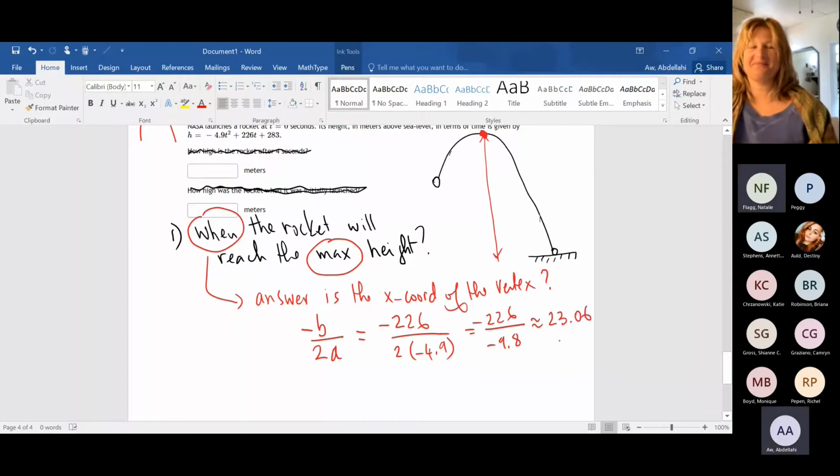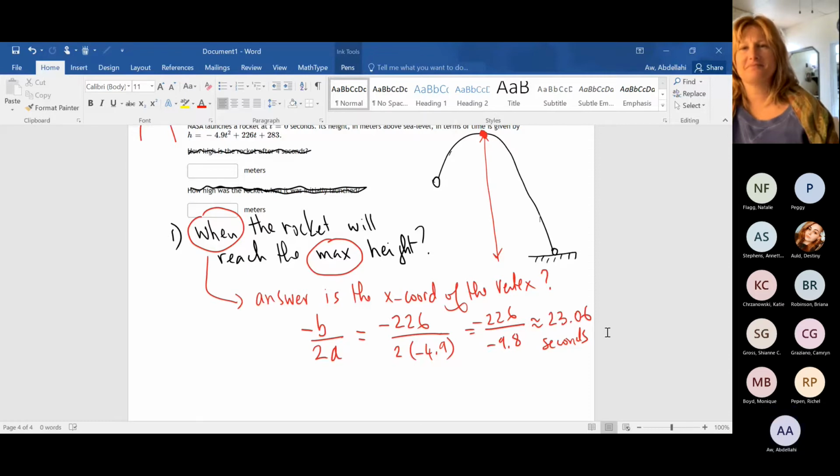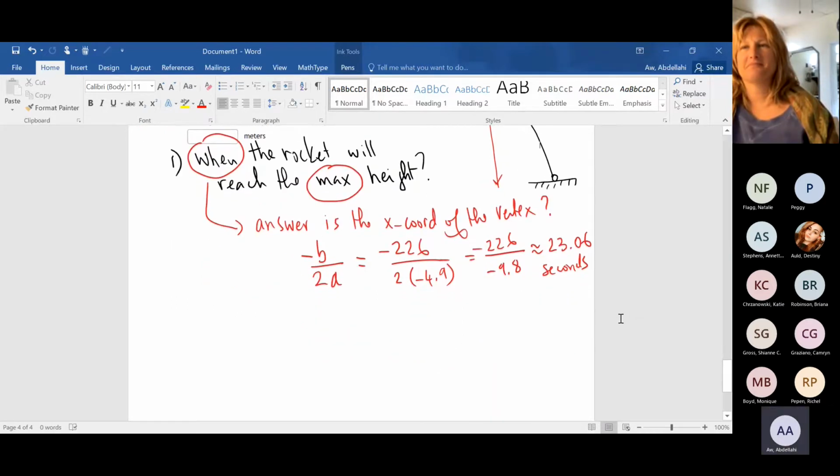I use my calculator, my cell phone. That's just too much for the head. 226 divided by 9.8 is about 23.06 seconds. When NASA launches the rocket, it will reach the maximum height after about 23 seconds. That is the first question.